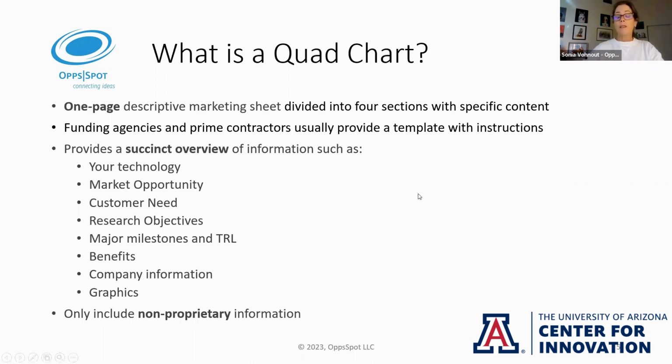So the funding agencies and prime contractors use this. Sometimes they call it a quad chart if it's the 4 quadrants, or they will call it a technology brief. And if you're doing a technology brief, you're going to find information about your technology, who you're going to be selling it to, in what market, who needs it, what your research objectives are, and some major milestones to justify your technology readiness level.